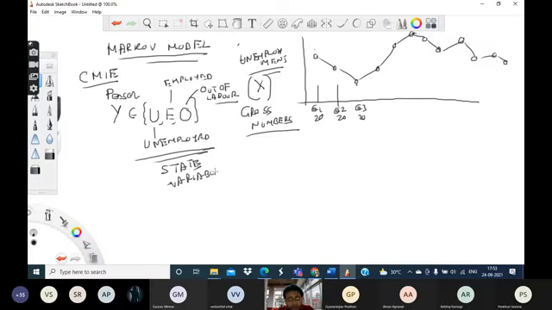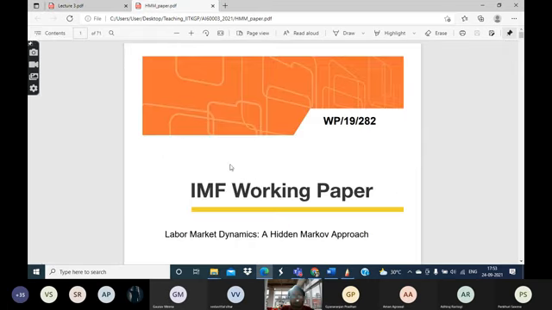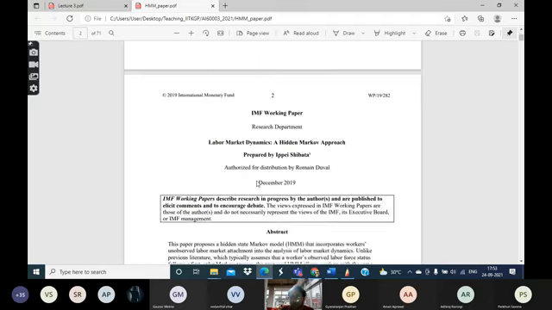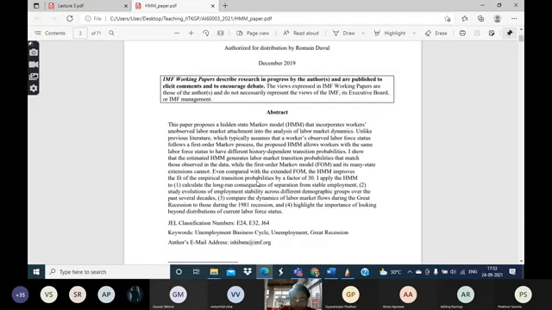Now before going into the details, let me point out this paper. This is a working paper of the International Monetary Fund on the dynamics of the labor market. Let us see what they have to say. This paper proposes a hidden state Markov model, or HMM, that incorporates workers' unobserved labor market attachment into analysis of labor market dynamics.